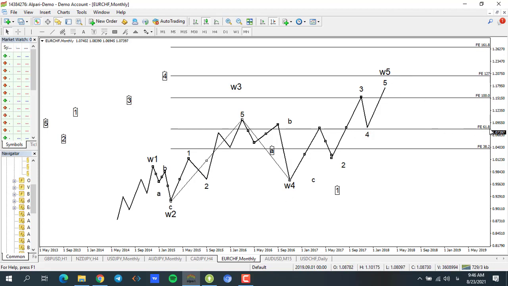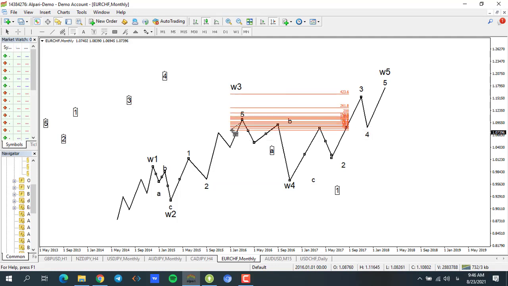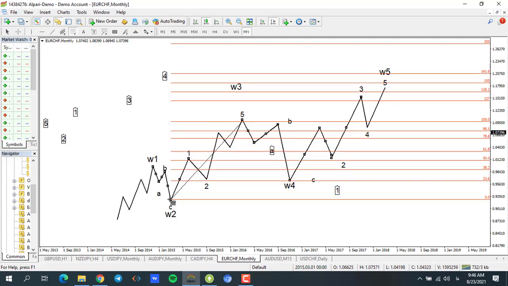If our 61% is above this high, then it's our target for our fifth wave. If it's below, as it is now, we delete this projection Fibonacci and we draw an extension for our third wave.